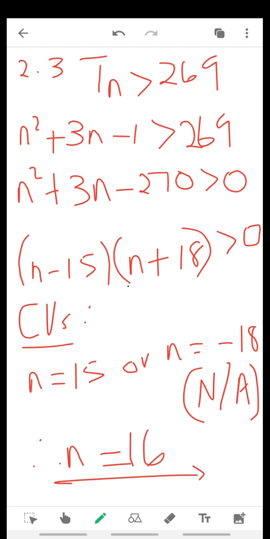But we are looking for the term that will be the first one to give us an answer greater than 269, and that will be 16. n equals 16. Remember, n equals 15 is giving us exactly 269, but n equals 16 is giving us something bigger than 269. That's why our answer is n equals 16. Well done.